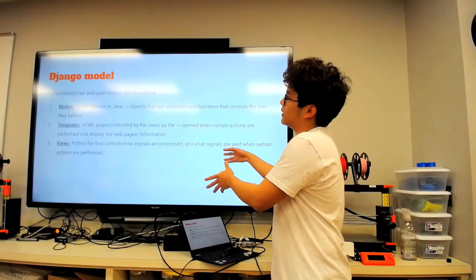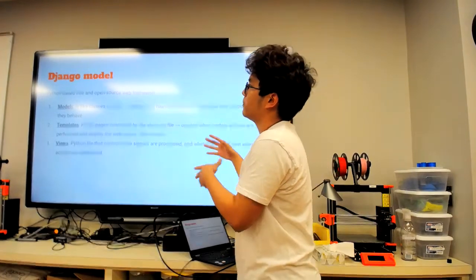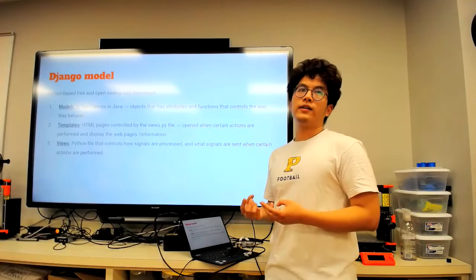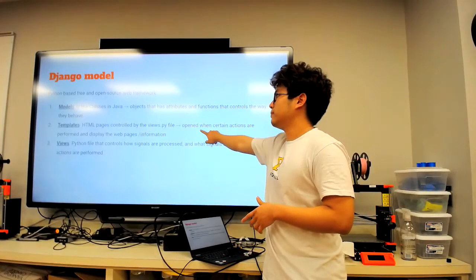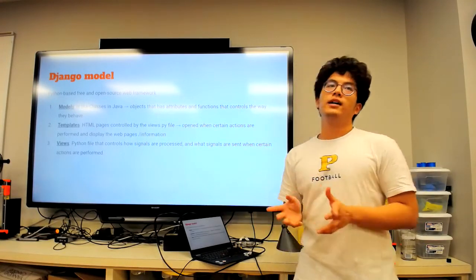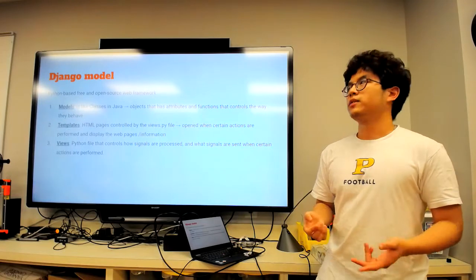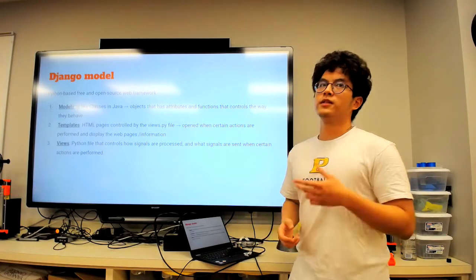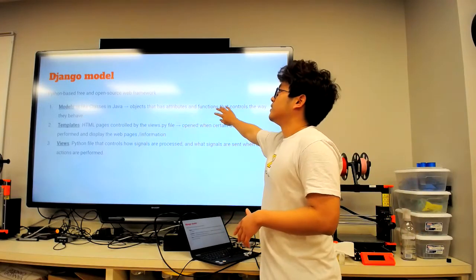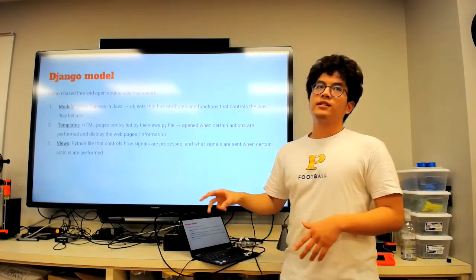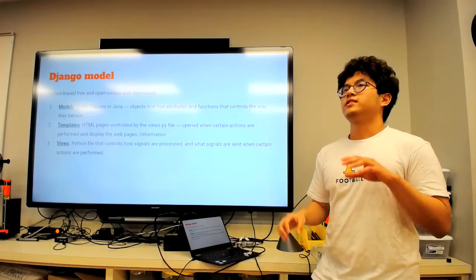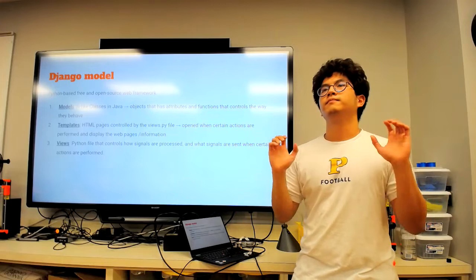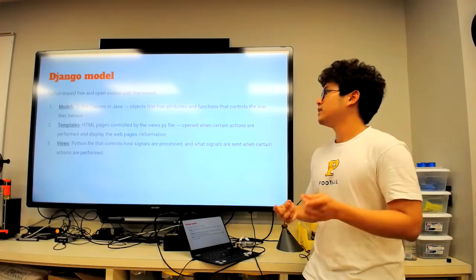Django is Python-based and open source, and it has three main parts: the models, the templates, and the views. You might not be familiar with these terminologies, but it is really simple once I explain it. The models are like a list of classes or objects that can be called, such as a user, a question, or an answer choice.